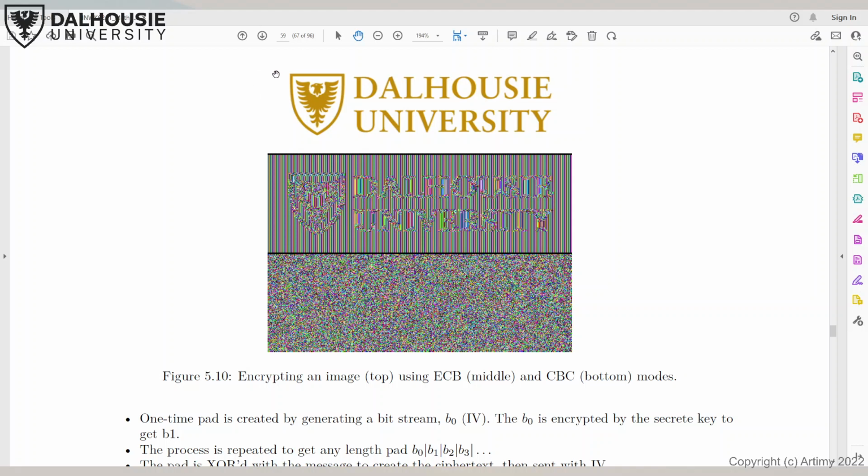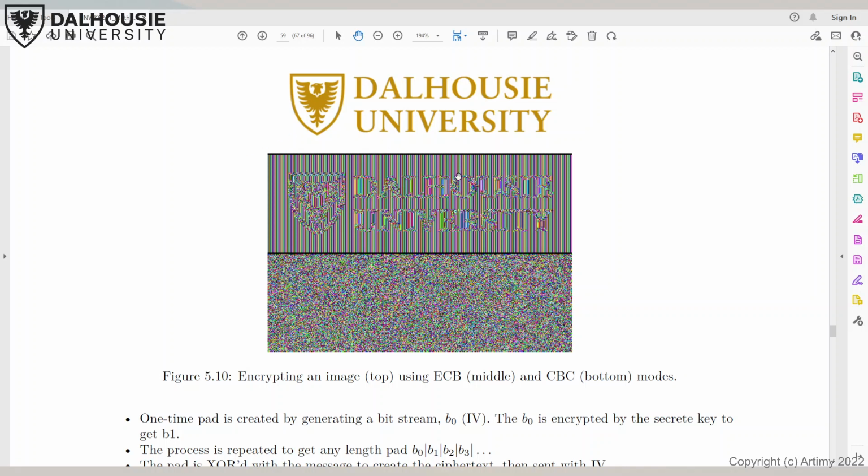The white here at the Dalhousie logo results in these combinations of colors you see here at the corner, and the gold color results in the same combinations of pixels here, bits or pixels.